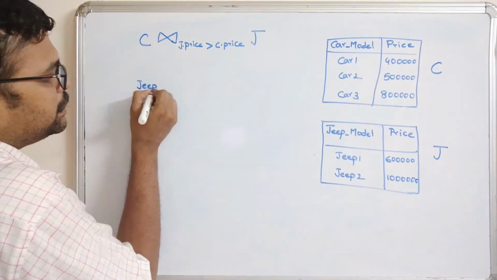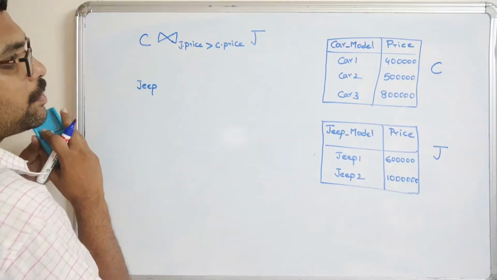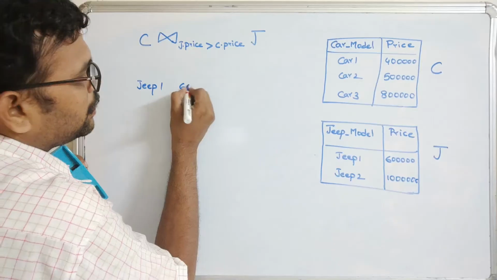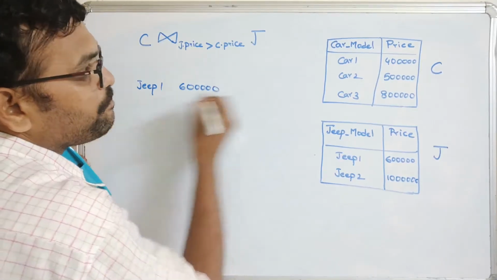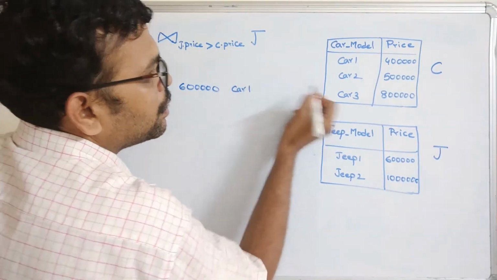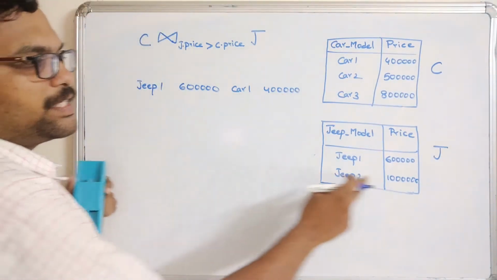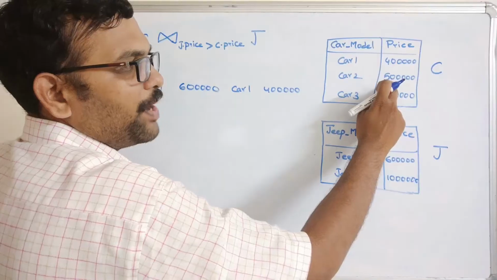Jeep 1, 6 lakhs, car 1, 4 lakhs. Next, 6 lakhs greater than 5 lakhs.